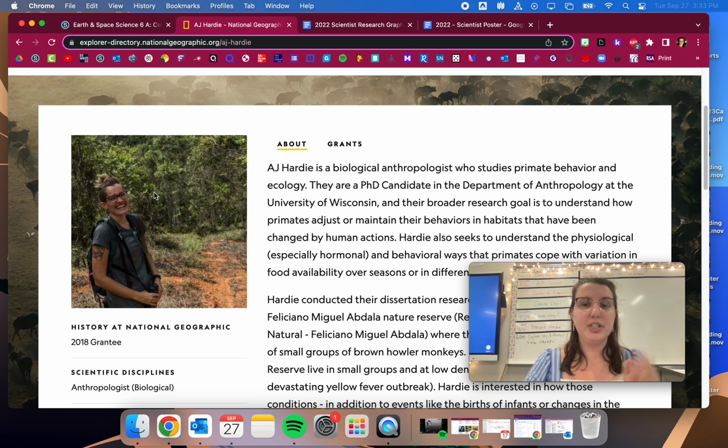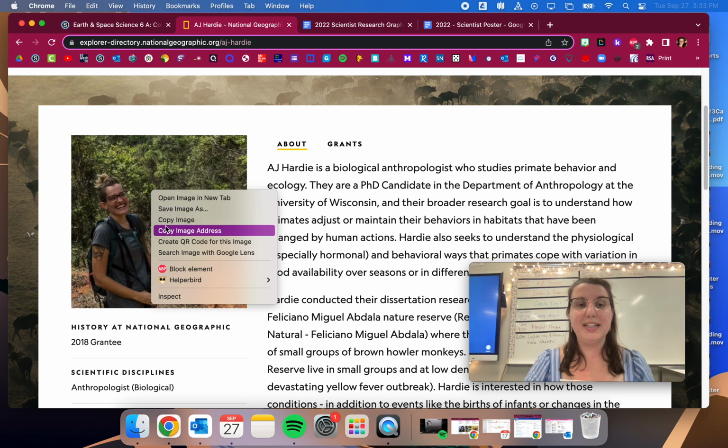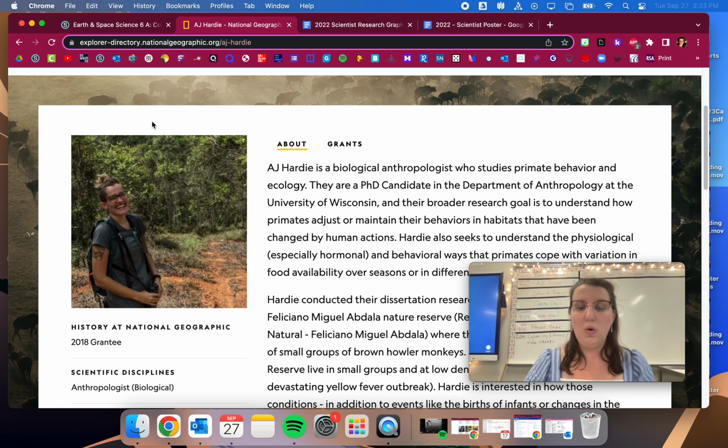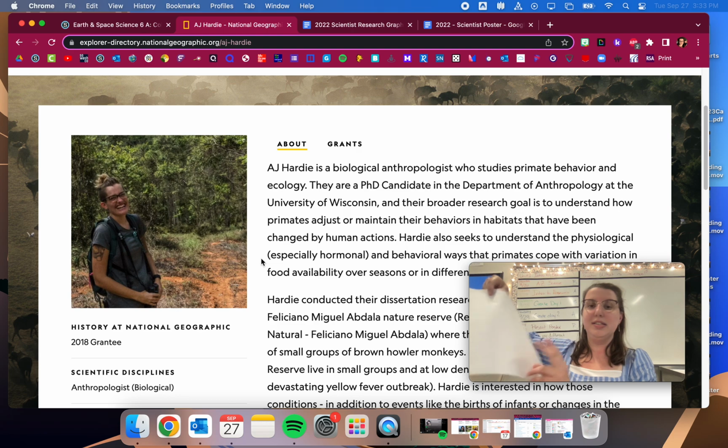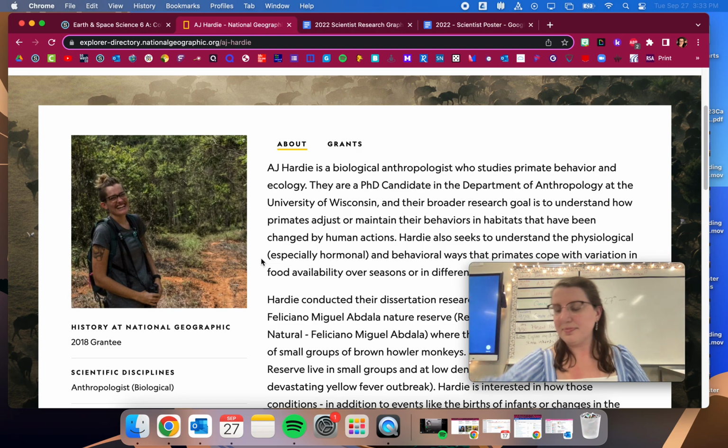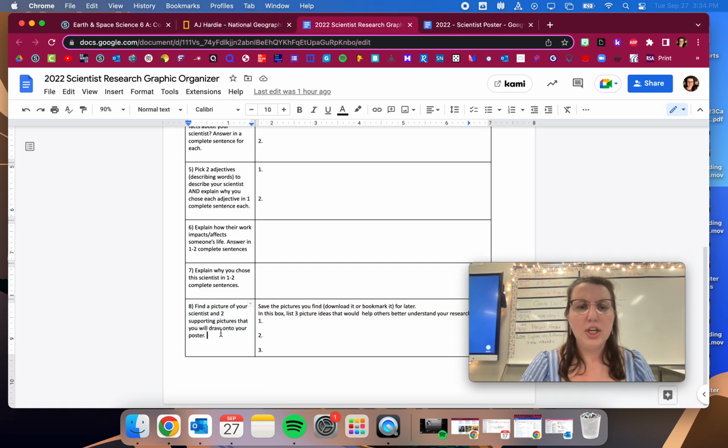You can do the 2-finger tap to get this box. You can either save the image or copy the image, or you can take a screenshot of the image and save the image that way. Basically, you need to be able to look back at this image so that you can draw it on your poster.